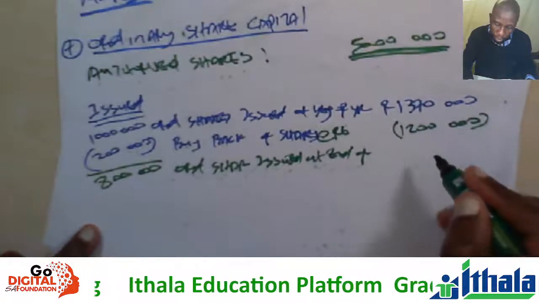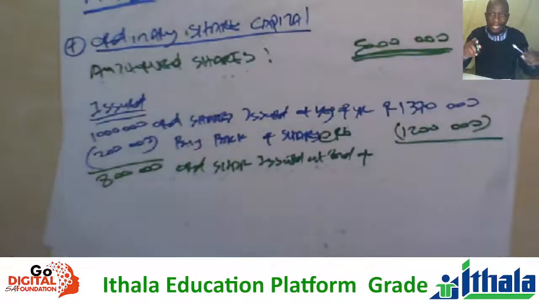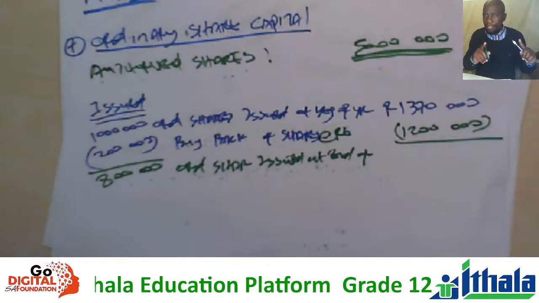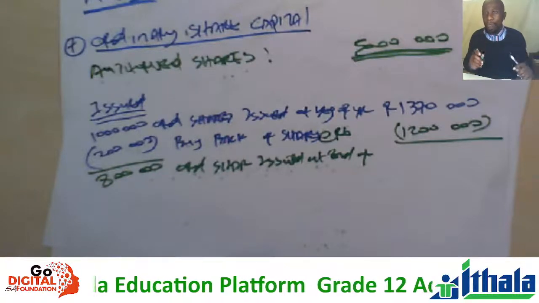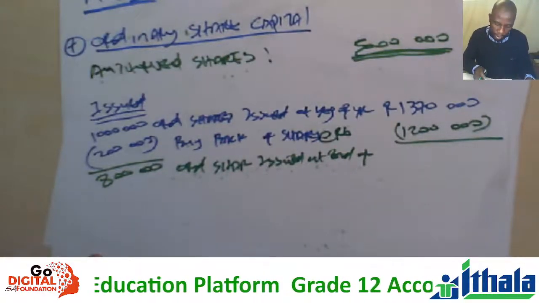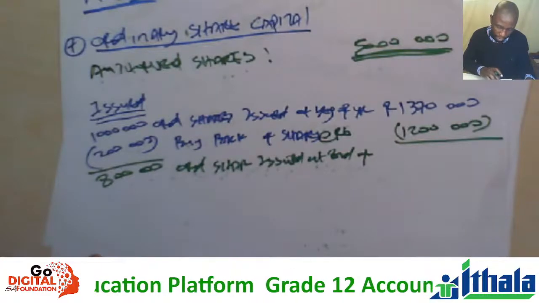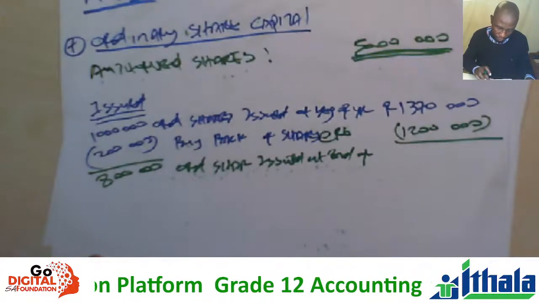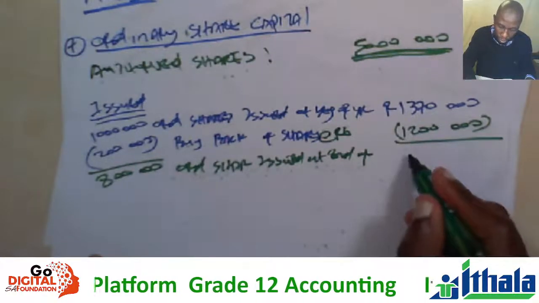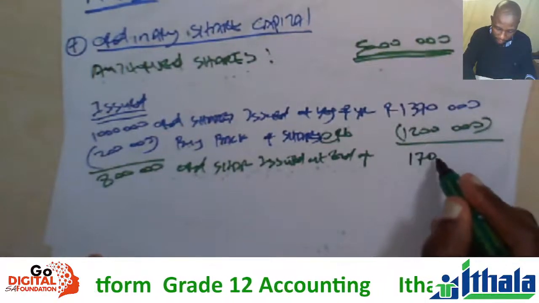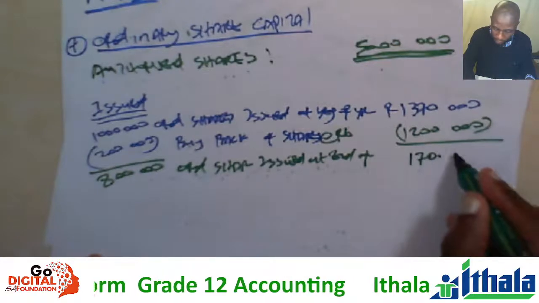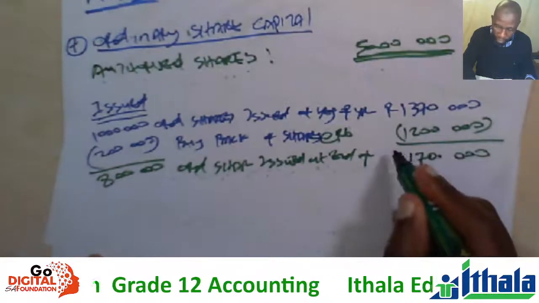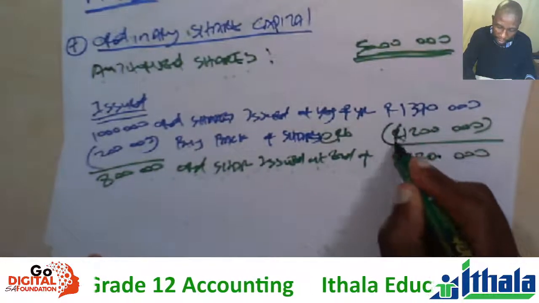You must always less the buyback, either for note number 7, note number 8, or the buyback. So this one less 130, the figure above, we get 170,000. That's the figure that we have here.